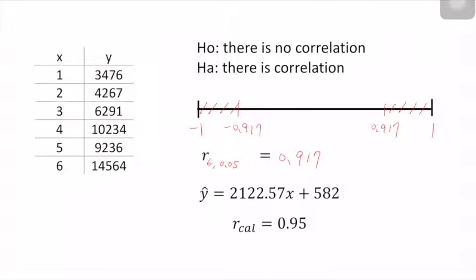We get y hat equals 2122.57x plus 582, and r is 0.95. Since 0.95 is in the shaded region, our conclusion is to reject the null.